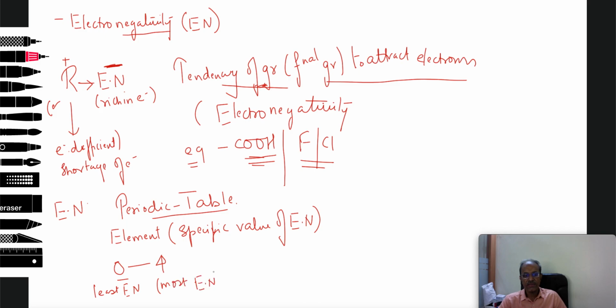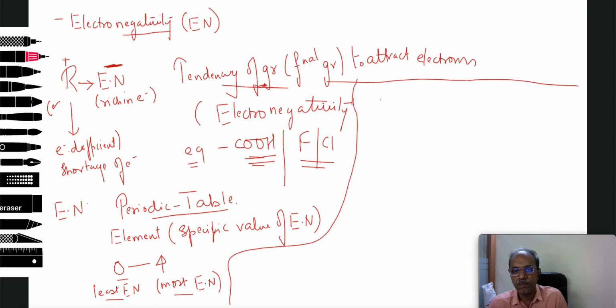Fine. Most electronegative and least electronegative. Seen in the periodic table, extreme left of the periodic table, I will write it as PT.